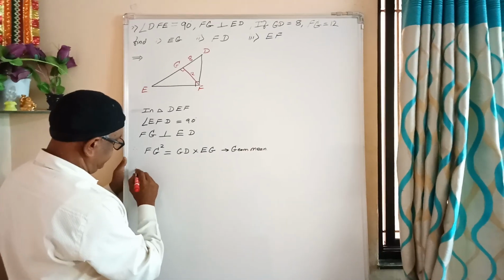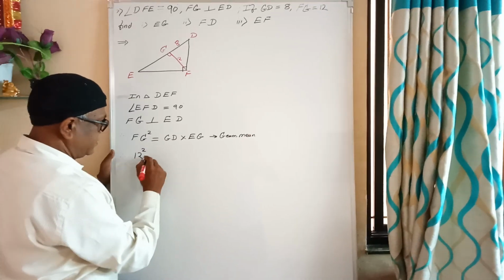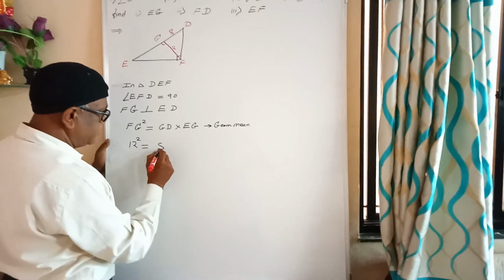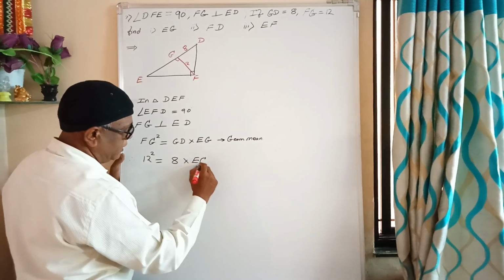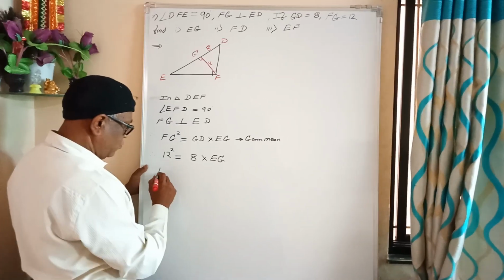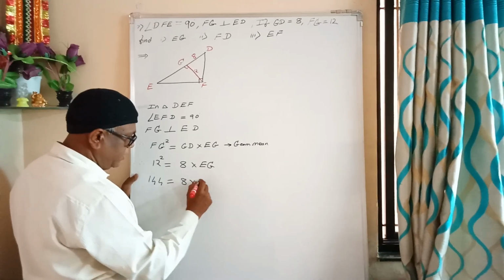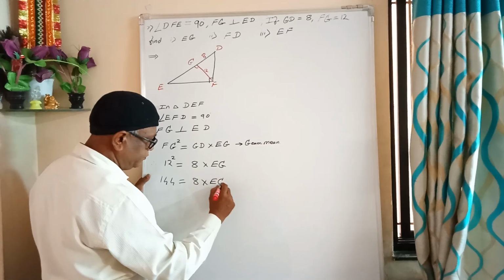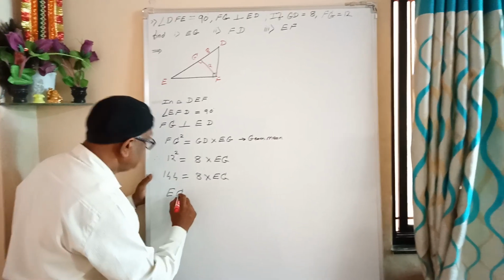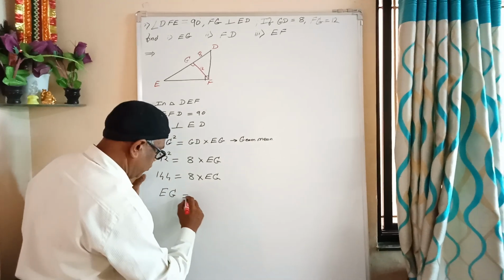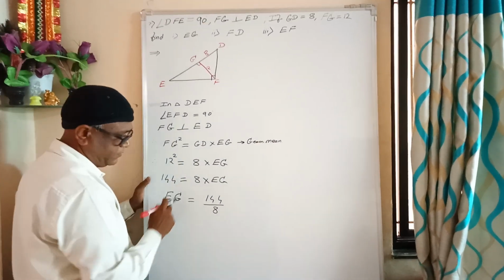Therefore, FG² is 12² equal to GD, which is 8, into EG. So 144 is equal to 8 into EG. Therefore, EG is equal to 144 upon 8.